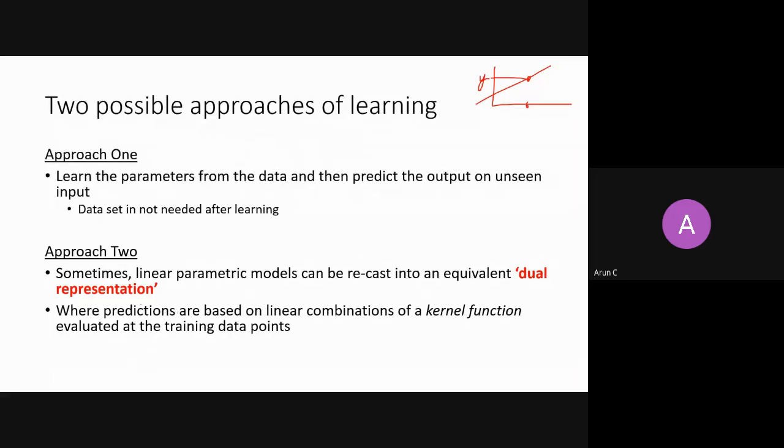In that dual representation, the prediction can be done using a linear combination of a kernel function. We will see what a kernel function is and what the linear combination of kernel functions is. So in the dual representation, we just have a kernel function, and we take a linear combination of it for our prediction.